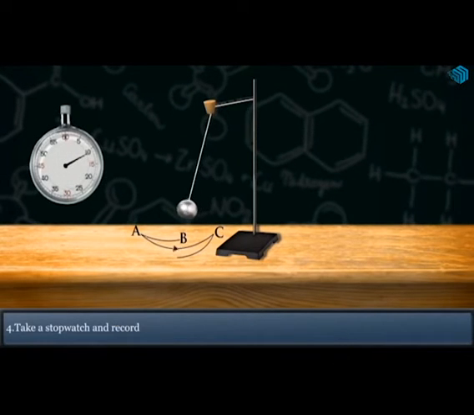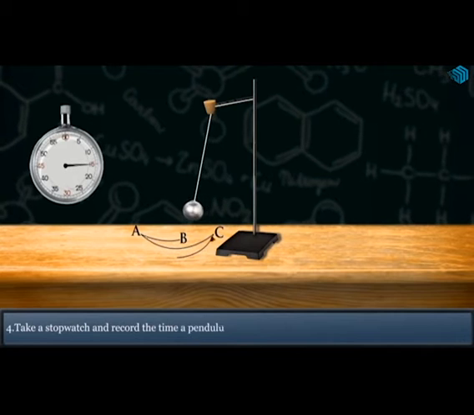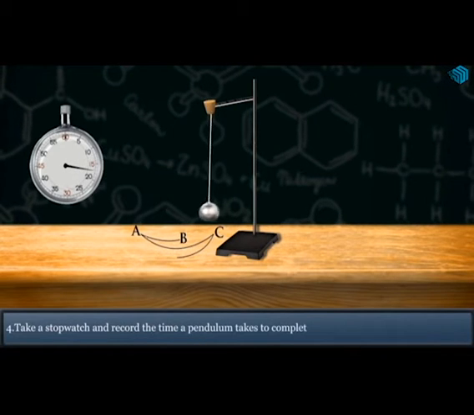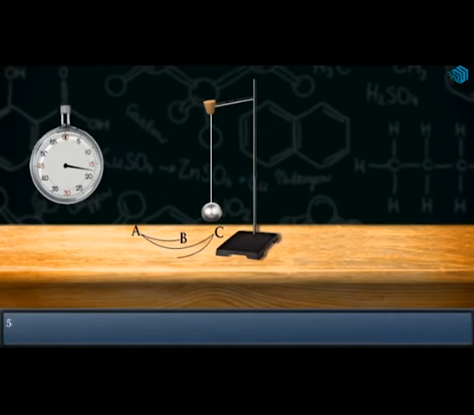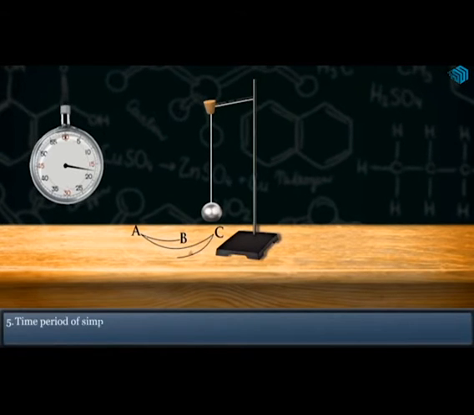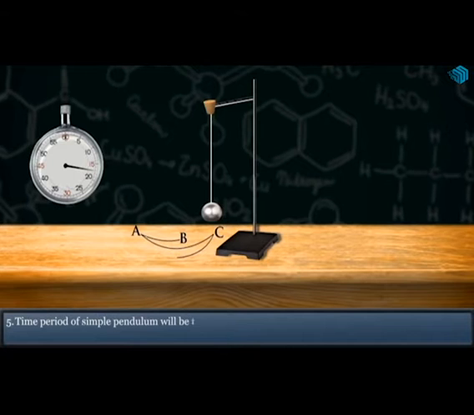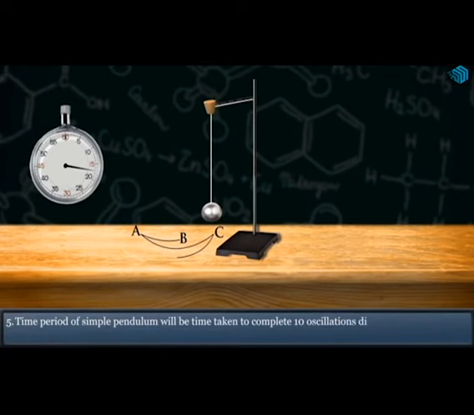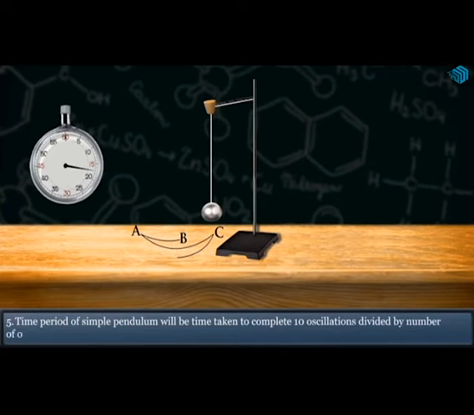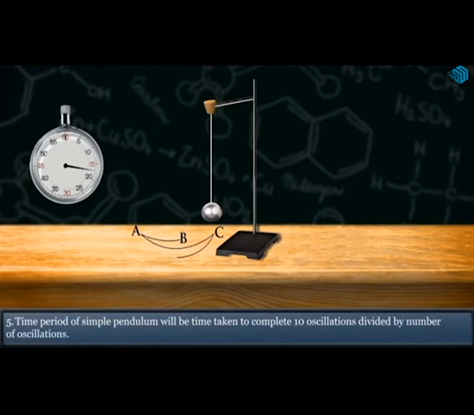Now take a stopwatch and record the time the pendulum takes to complete one oscillation. Fifth, the time period of the simple pendulum will be the time taken to complete 10 oscillations divided by the number of oscillations.